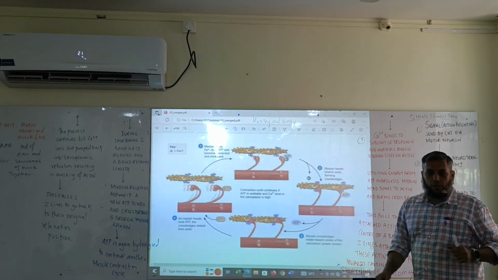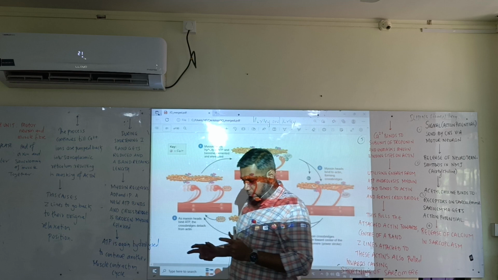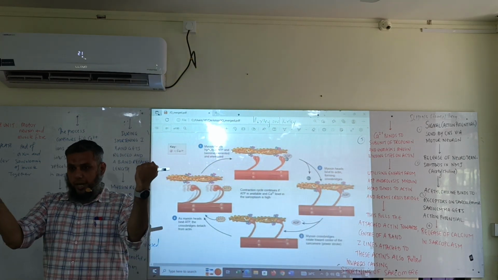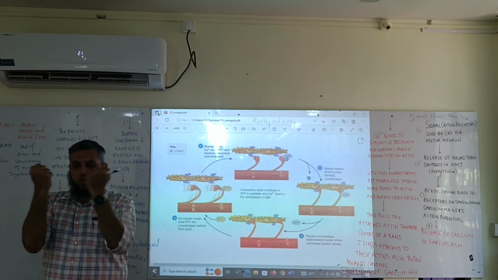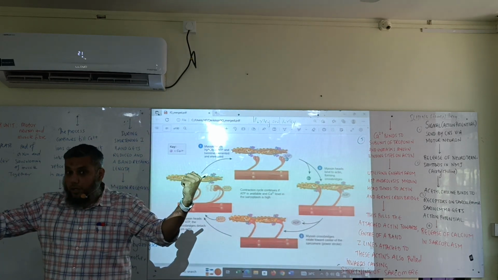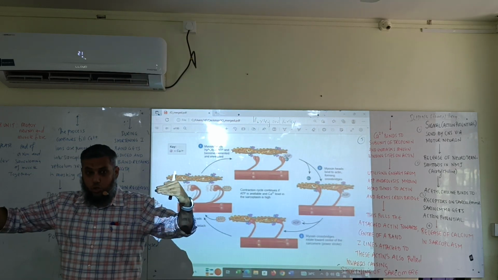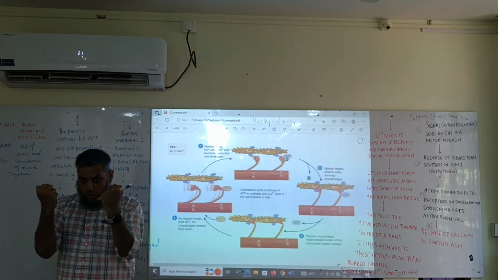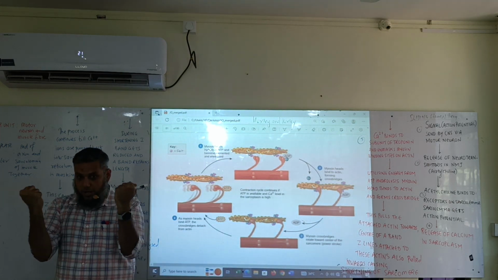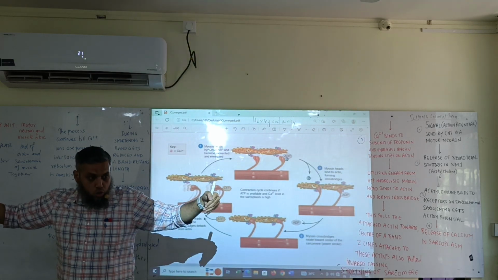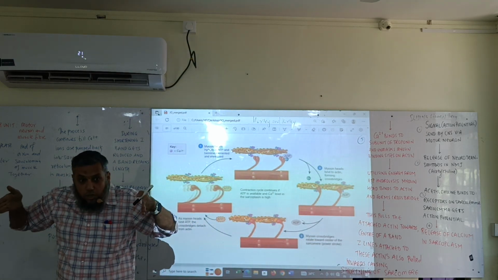Now see. The head, pay attention now. The head will move inwards. But what has the head held on to? Actin. So can I say the actin will start sliding inside, towards the center of the A band, and the actin is connected to the Z lines. So will the Z lines move away or come closer?